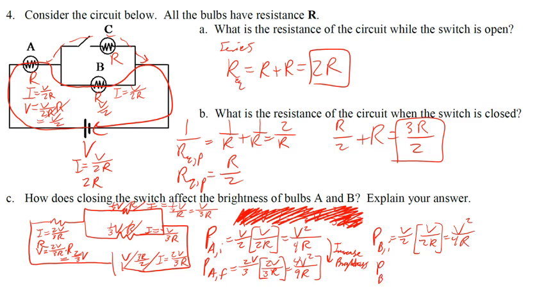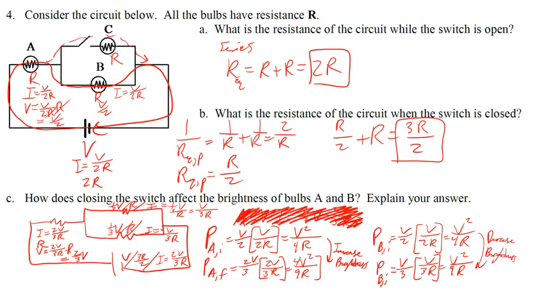Now though, let's take a look. Our voltage now, once we've closed that circuit, is going to be 1/3 V, and then the current is V over 3R. So it turns out that it ended up decreasing the power. So decrease in the brightness.